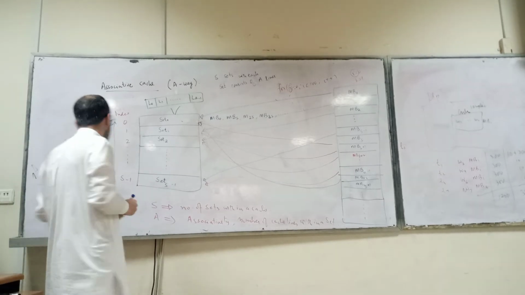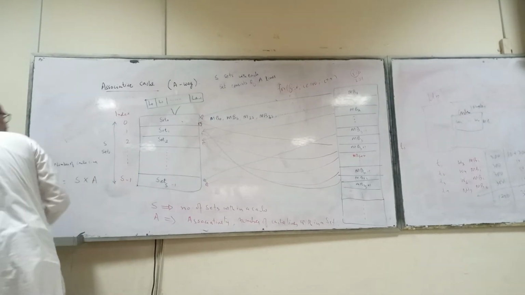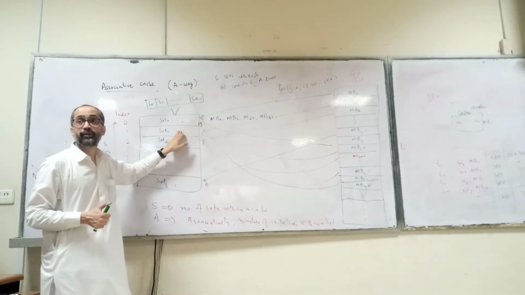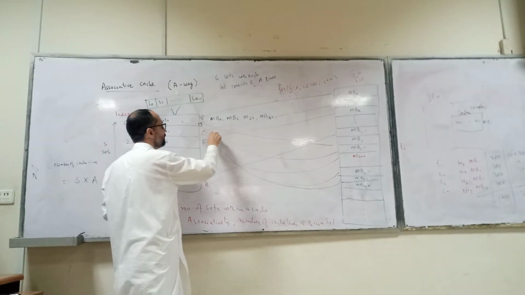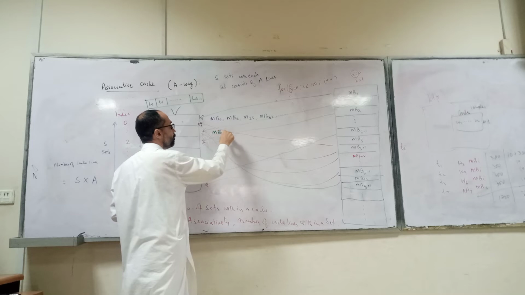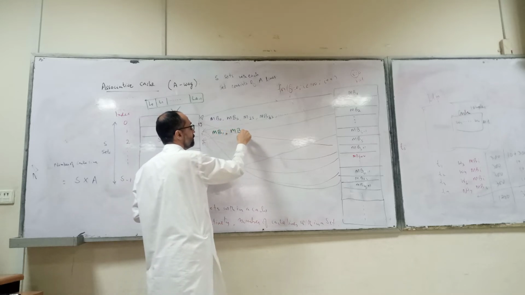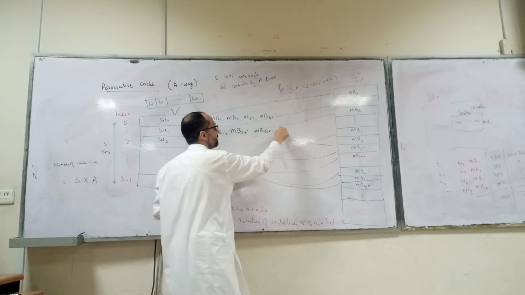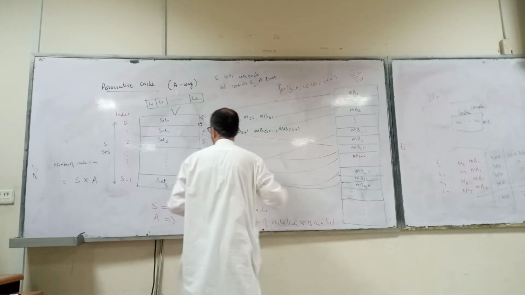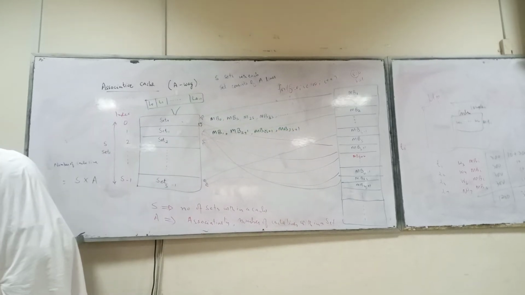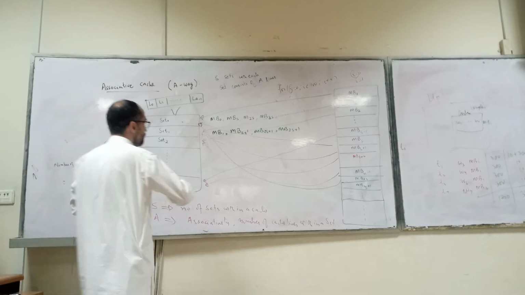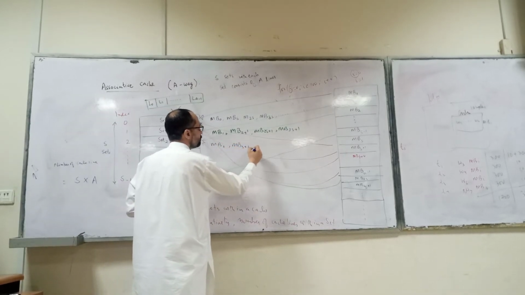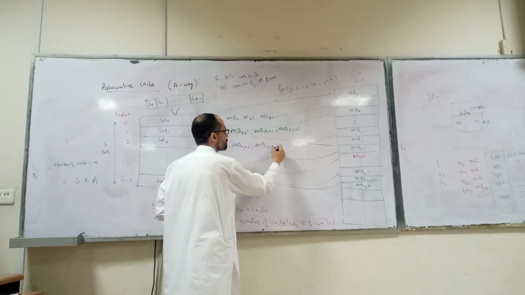Now if you look at set 1, which memory blocks should be mapped to this set? Main memory block 1, main memory block S plus 1, main memory block 2S plus 1, main memory block 3S plus 1. To set 2: MB 2, MB S plus 2, MB 2S plus 2, and so forth.